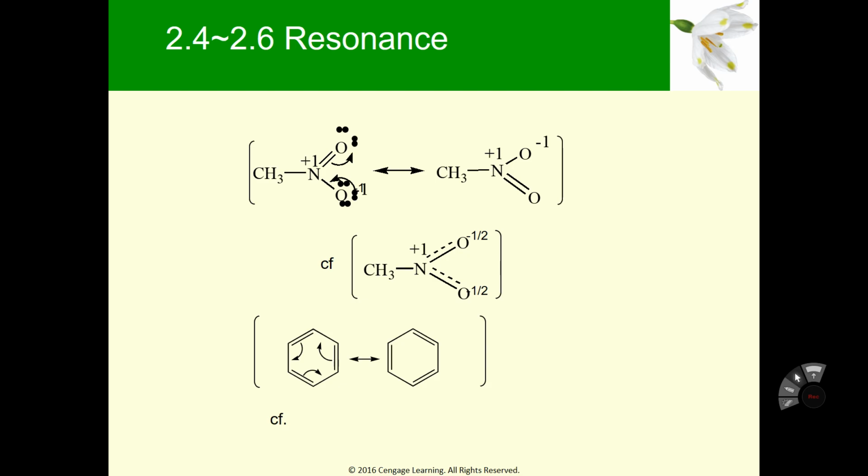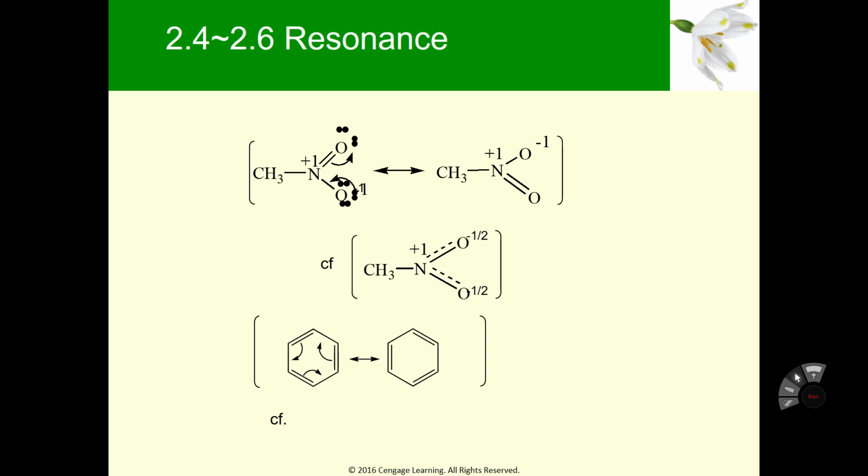The structure on the left side has a negative charge on the oxygen on the bottom. The structure on the right side has a -1 charge on the oxygen on the upper side. But the real structure will be like this. The two oxygen atoms probably have a -0.5 charge each, even though the nitrogen will have a +1 charge.